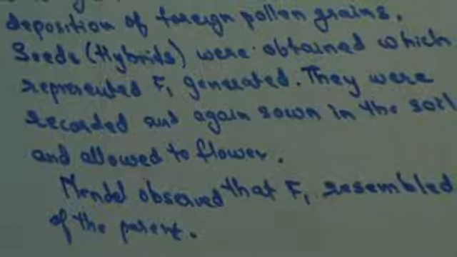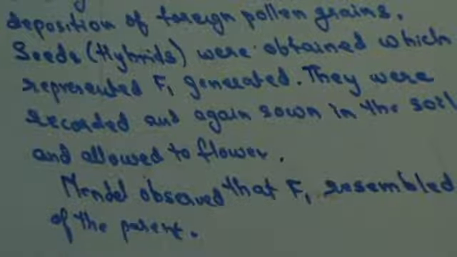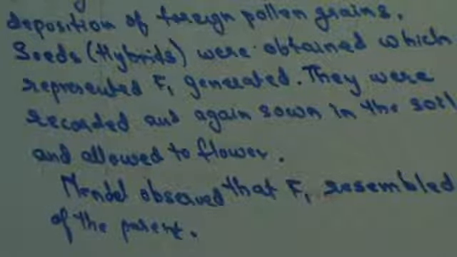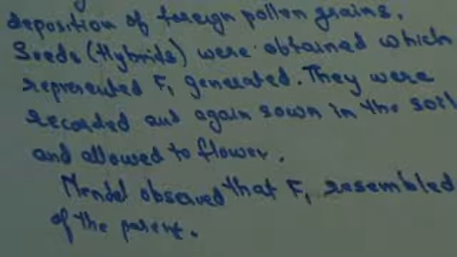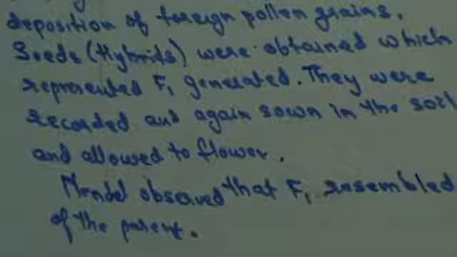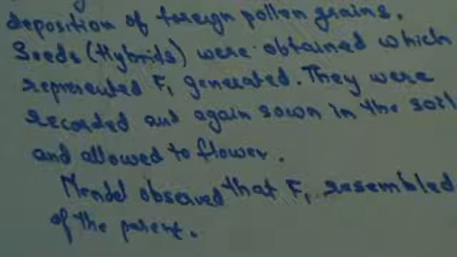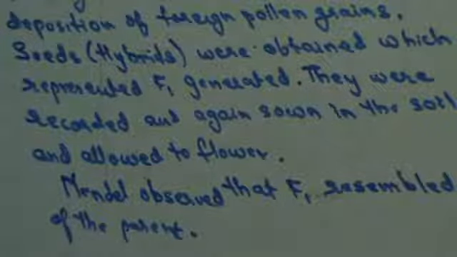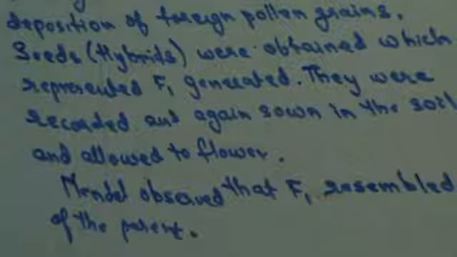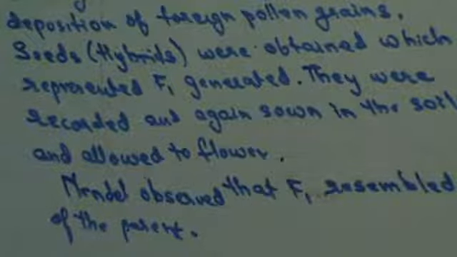When you want to do the cross, remove the bag, dust the pollen grains on it and cover the flower again with a plastic bag. Then from the flower you would get the seed, sow the seed again, you would get a new plant. Now the new plant, that is your F1 generation, would resemble either one of the parents. Either it would be tall or it would be short. Right? Now, step 3.